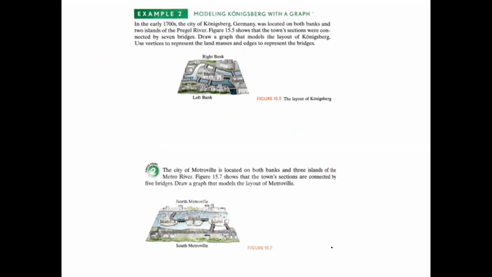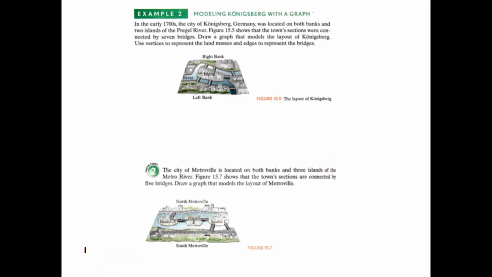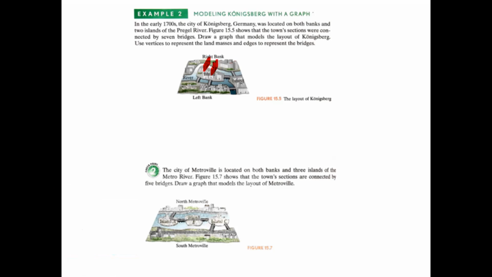All right, so as I'm looking at this right here, you have a few bridges. So let's go ahead and highlight those bridges in red. So this one here, this one here, this one here, this one here, this one, and this one. So your goal is to go through all of the bridges and then draw me the path.